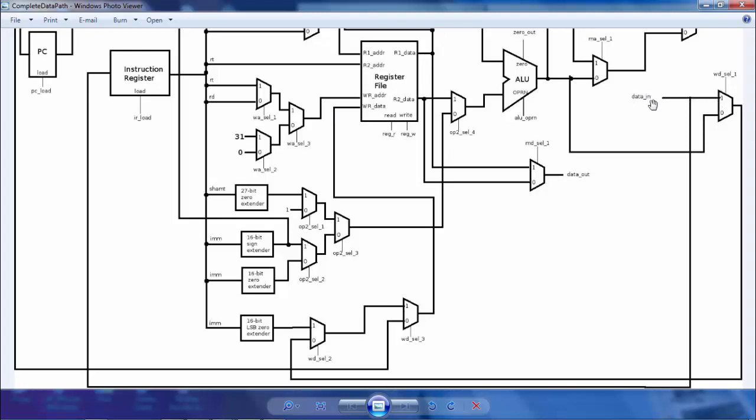So this is a data in for the processor, which is connected to the data out port of the memory. Some data is being driven for write back, like in a load word instruction, which reads from the memory. Memory sends the data on the data in line, and that data has to be written back into my register file, which will be involved with WD selection 2 and WD selection 3.